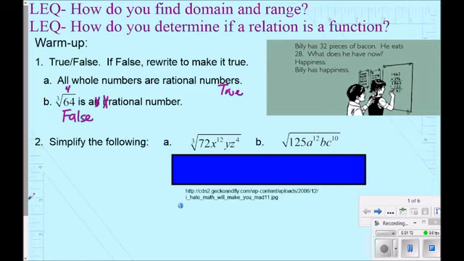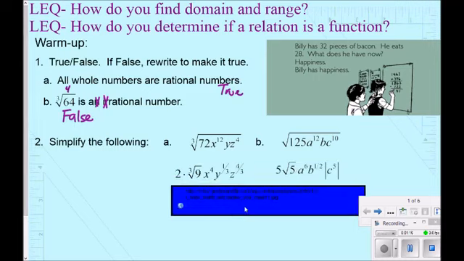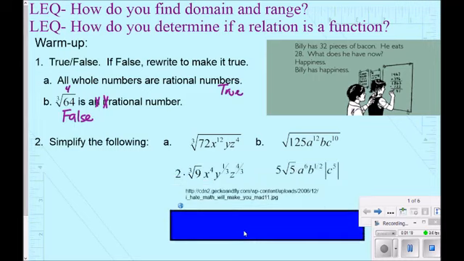Simplifying the following, I'm just going to show you the answers for those. So the first one's a cube root, so no absolute value. If I do the prime factorization of 72, 8 times 9, 8 is 4 and 2, 4 is 2 and 2, so 2 cubed times 9 gives us 72.